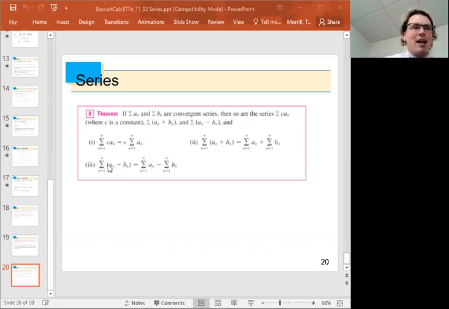So if I'm taking a series and I can express my terms as a sub n minus b sub n, then I can break up my series, add up all the a's first, add up all the b's second. As long as both of these different series also converge, then we are in business and we can just subtract the sum of the a's and the sum of the b's.